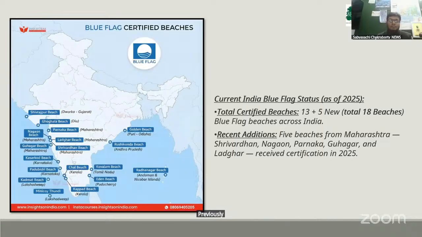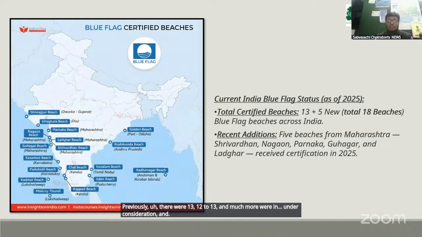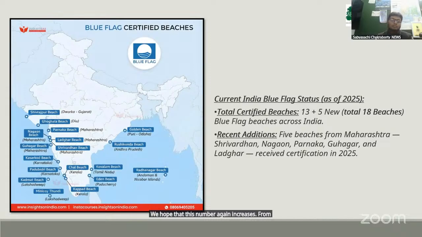Previously, there were 12 to 13, and many more are under consideration. We hope this number increases from 18 to a much higher figure.